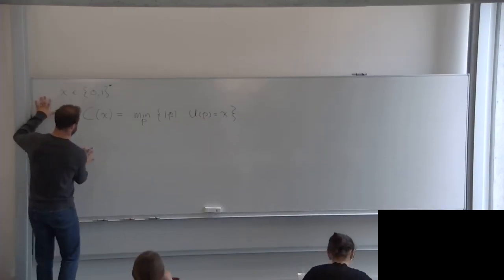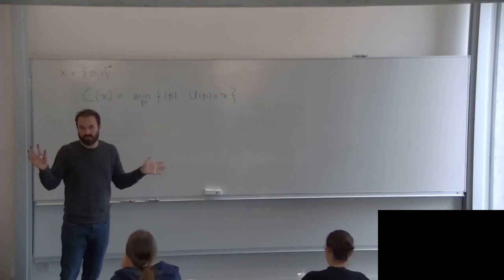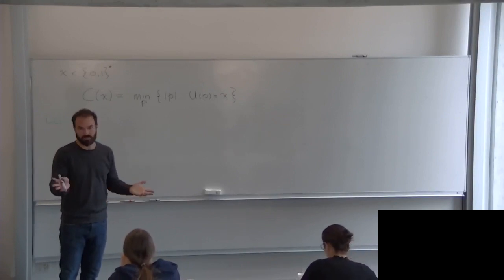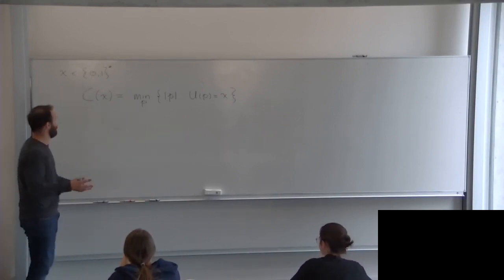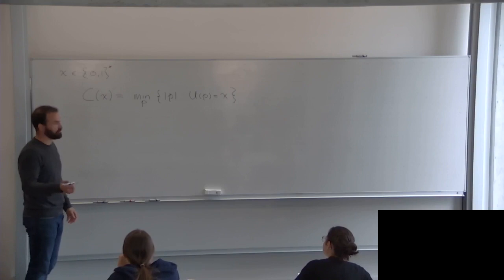We've seen the complexity of a string. It might happen that a string is encoding a pair of strings. We can thus speak of the complexity of a pair of strings.